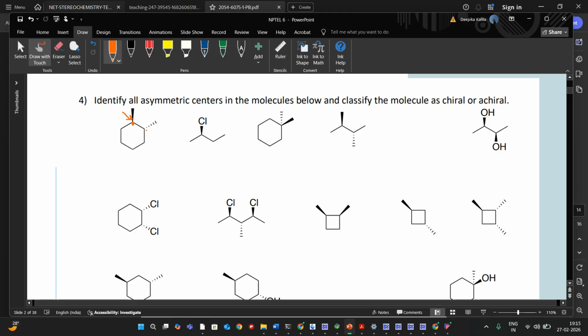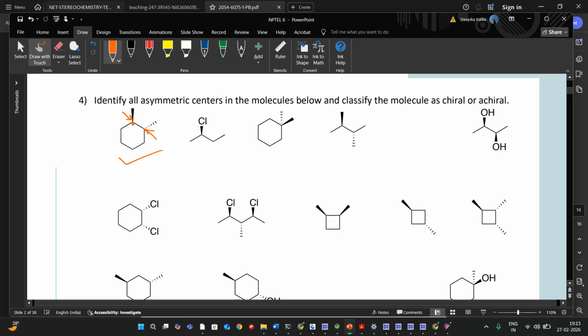And secondly, this center will also be an asymmetric center because this is also linked to 4 different groups, where one is this methyl, the other is a hydrogen which will be above the plane, which is not shown here, and 2 of these will be the alkyl chains which complete the cyclohexane moiety. Thus this first molecule has 2 different asymmetric centers.